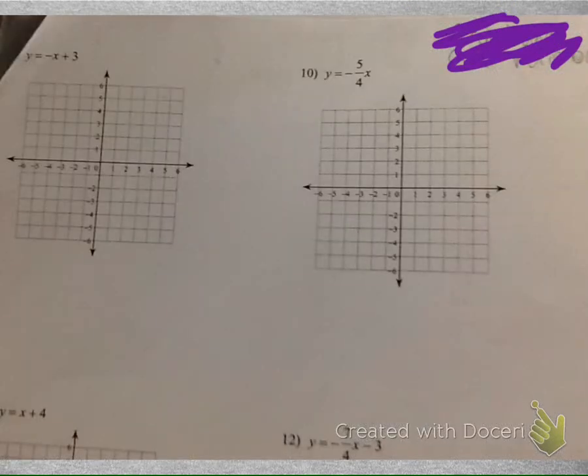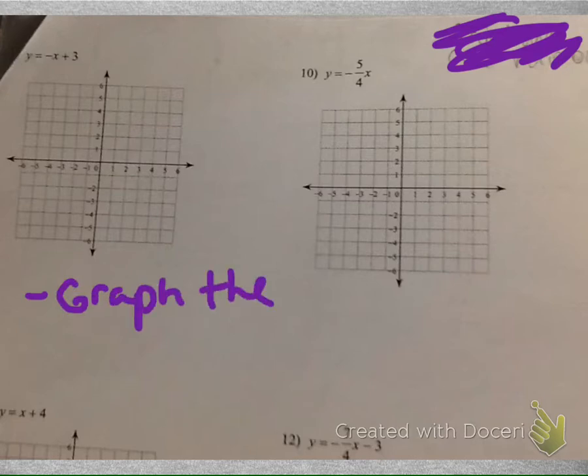Okay, so let's take a look at number 9, and the first thing I want you to do is in this space right here, I want you to write down the 2 steps. I'm going to be checking for this. It's part of the secret message. There's 2 steps that you take when you're graphing these. So first, you graph the y-intercept.